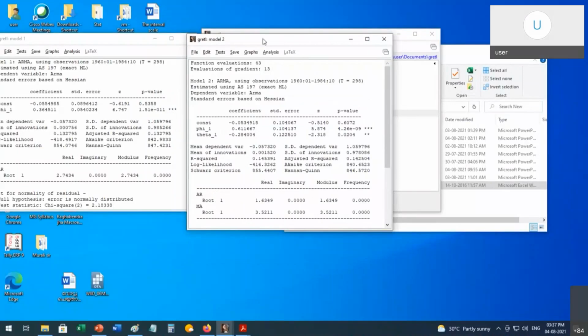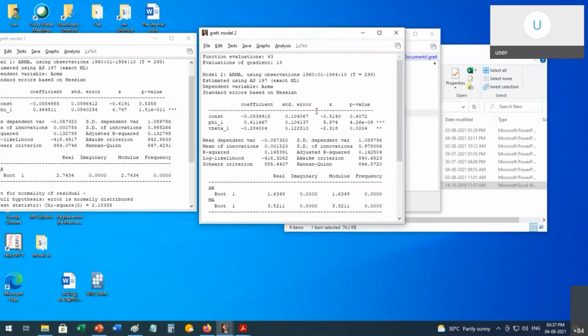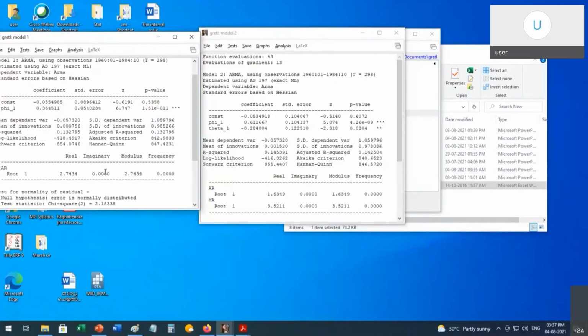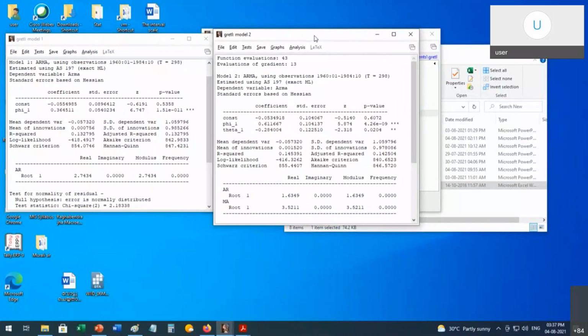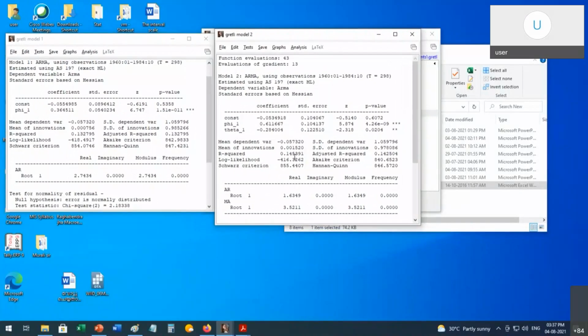Now, similarly, we can have a large number of models, and then we will find out which model we have to select. Where we have the minimum information criterion, that model we will select. Now, I'm not going into the entire process. It will take a lot of time. You can try that. Rather, I will compare these two. Usually, as I told you earlier, it is the BIC that most of the econometricians prefer.